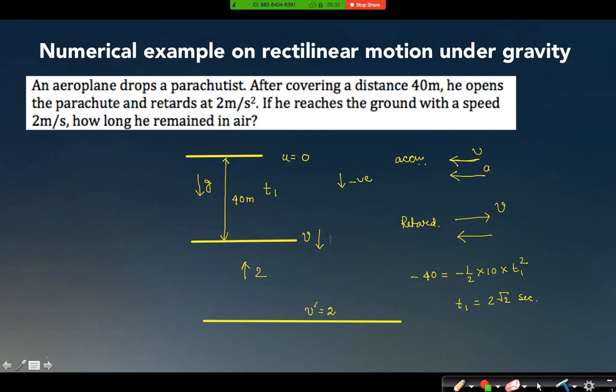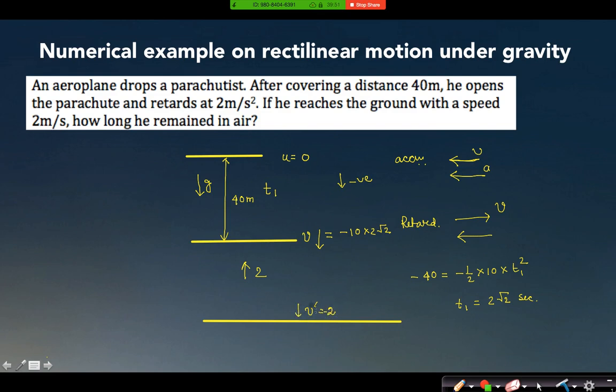So what is the velocity here? Can you tell me what is the velocity after reaching? v equal to minus 10 into 2 root 2. So that is 20 root 2 is the velocity, and the final velocity is minus 2. Can you say final velocity minus 2 because it is downward?